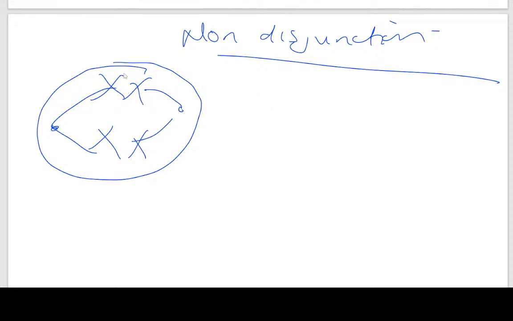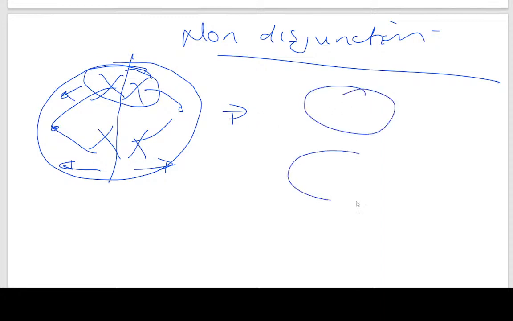So the chromosomes are supposed to separate, this one going to this side and this one going to the other side. But during non-disjunction, there is failure of these chromosomes to separate. The whole set of chromosomes goes to this side. So I'm going to have 2 cells. This cell is going to have this and this, so they have moved to this side.